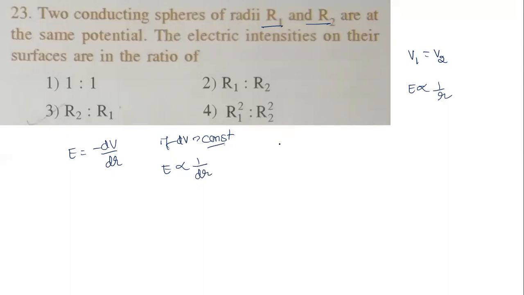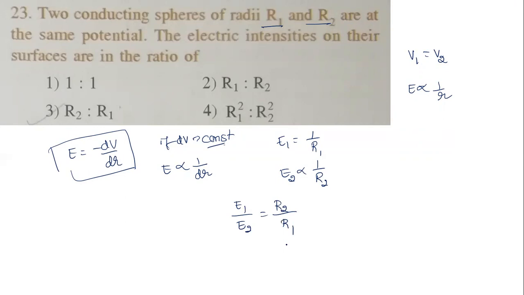So for the first one, E1 is proportional to 1 by R1, and E2 is proportional to 1 by R2 based on this equation. Now I need to find the ratio of electric intensity. E1 by E2, since they're inversely proportional, becomes R2 by R1.